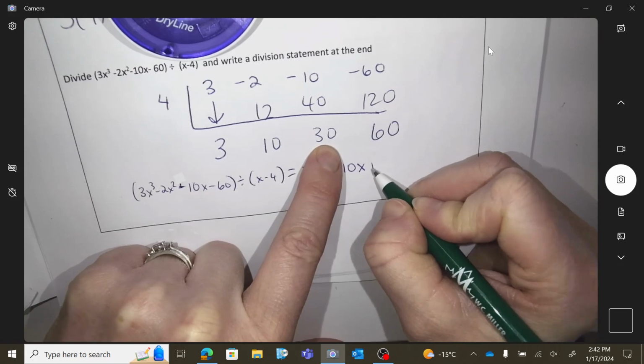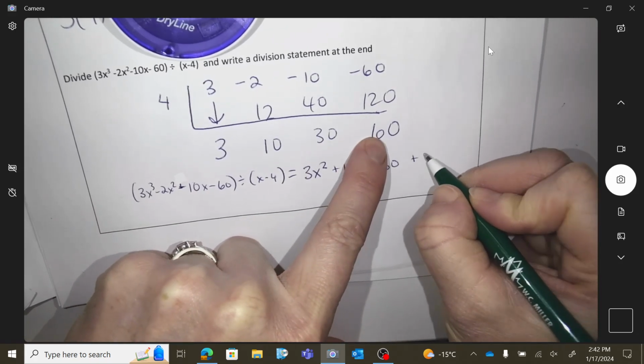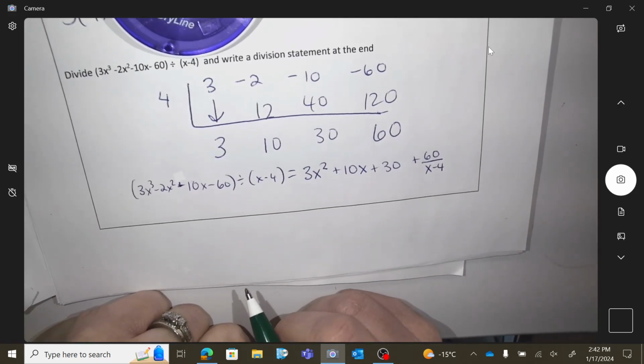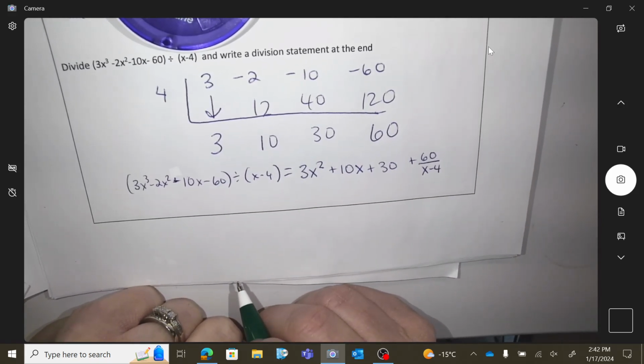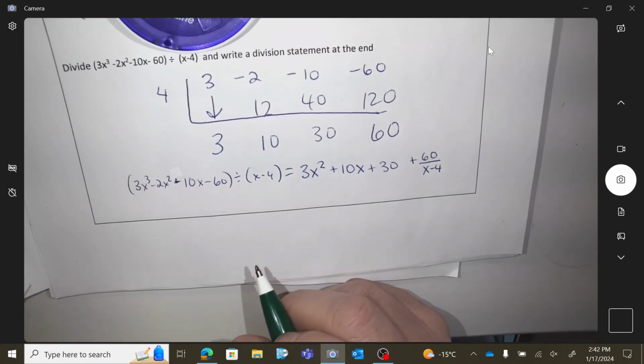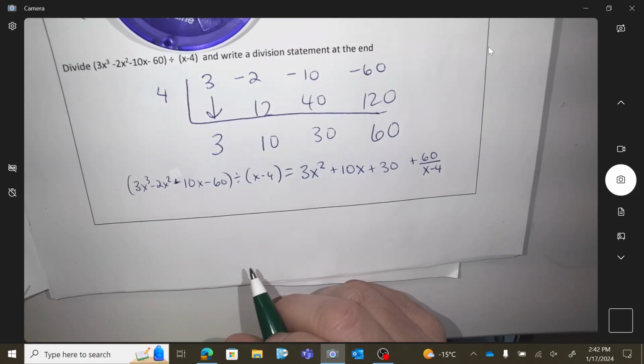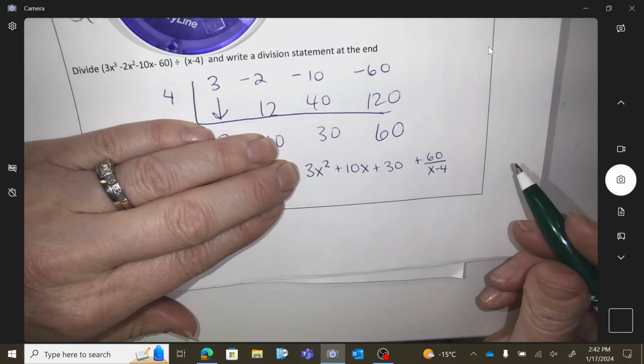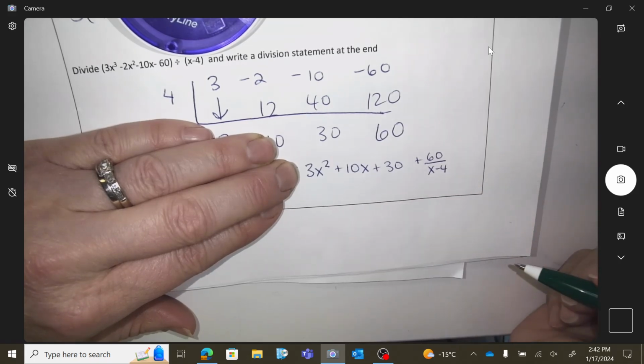That's an x, that's a number. This is a remainder over the factor. Okay, this is called a division statement, but what if the word said write the quotient? Then you, boom, just that. That's the quotient, just that part.